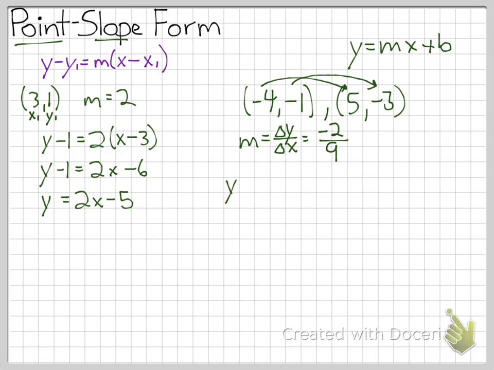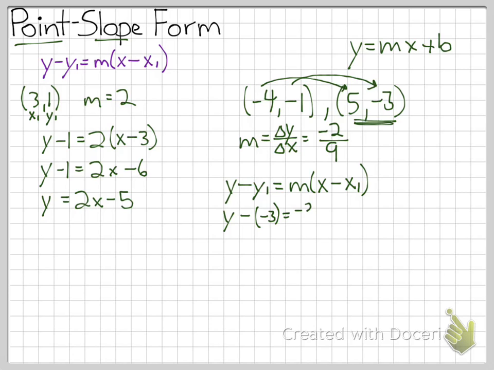So I can go to point slope form. Set it up, and we get y minus, let's pick, we'll use 5, negative 3 as our point. And you could use negative 4, negative 1, it'd still come out the same thing.